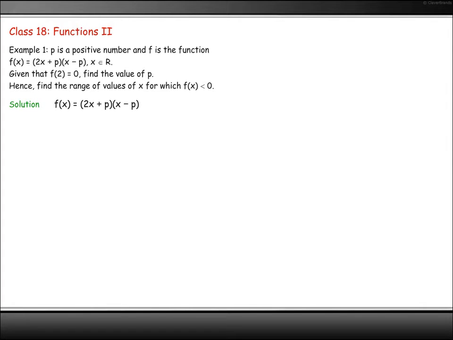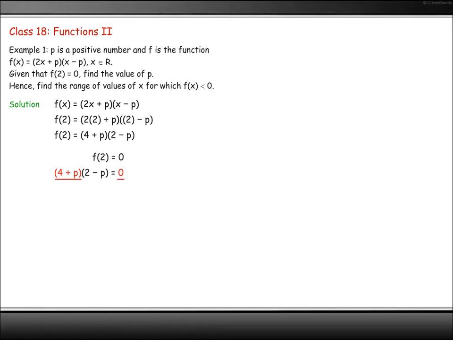Find f(2) by replacing x by 2. Tidy up, giving (4 + p)(2 - p). Put f(2) equal to 0 and solve for p.